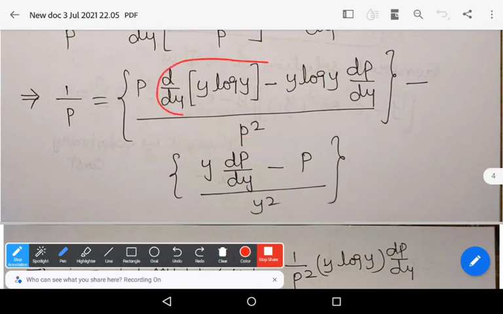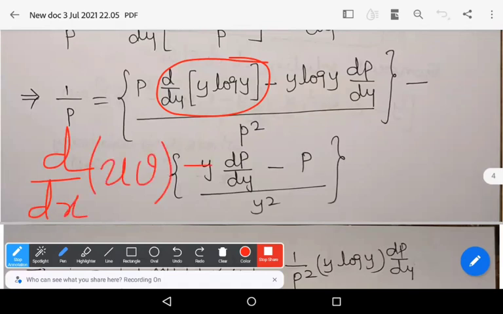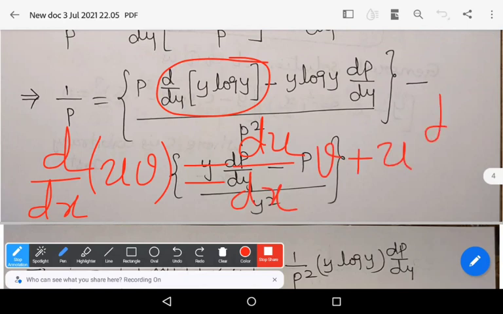Again here, d by dy of y log y, we use the uv rule: d by dx of uv is du by dx into v plus u into dv by dx.